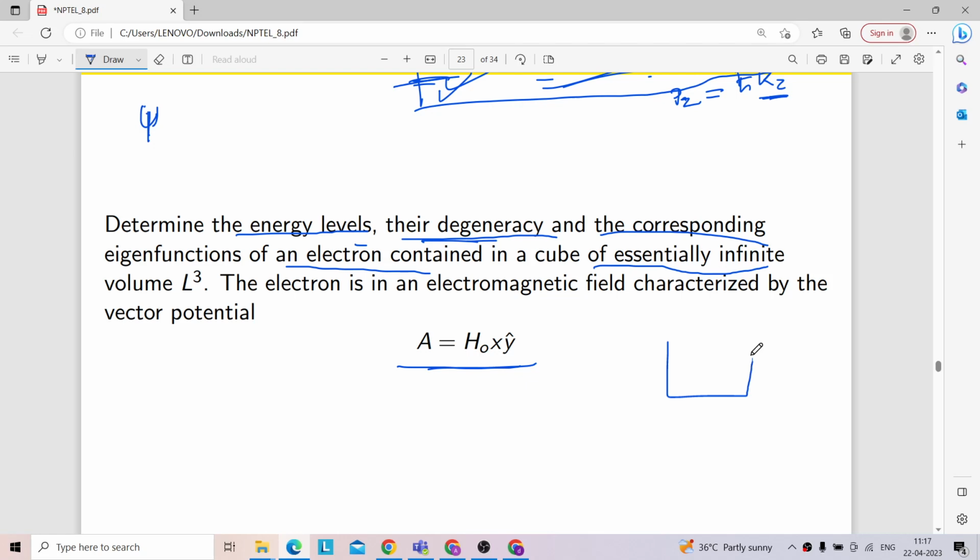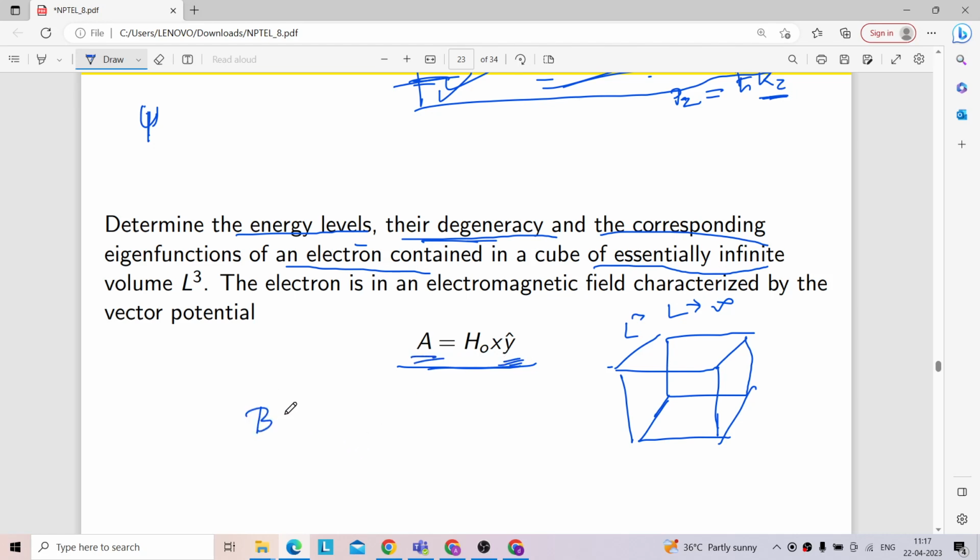So we have a potential of infinite volume L cube, where this L tends to infinity, right? Now this electron is in a field and this vector potential is in the y direction. So my magnetic field is nothing but del cross A, right?